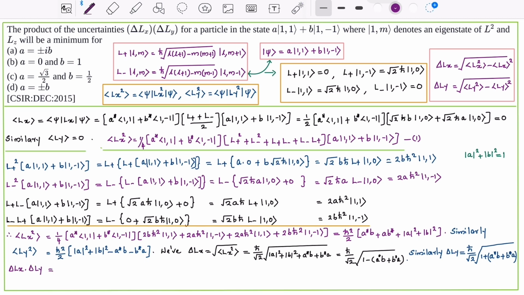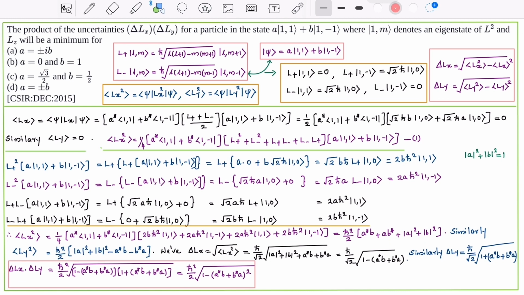Now what is delta Lx delta Ly? This is equal to h bar square by 2 times the square root of (1 minus (A star B plus B star A)) multiplied by (1 plus A star B plus B star A). Now we can write the product of the uncertainties delta Lx delta Ly as h bar square by 2 times the square root of 1 minus (A star B plus B star A) whole square. This is the value of delta Lx delta Ly.